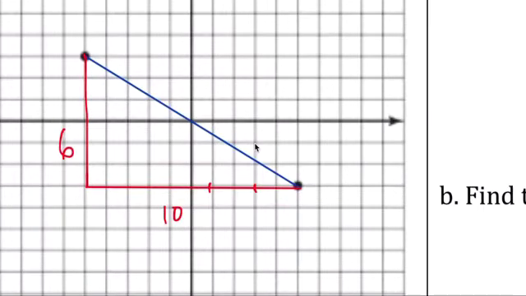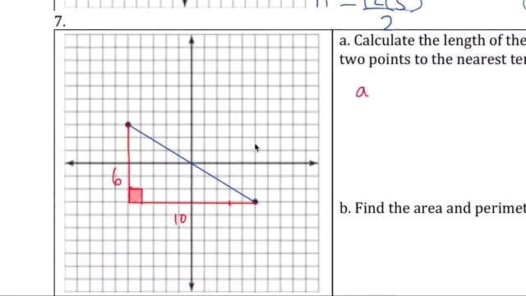That's 10 and 6, A and B, because your 90 degree angle is right here. So you do A squared plus B squared equals C squared. We want to find this diagonal length right there. So 6 squared plus 10 squared equals that diagonal length squared.